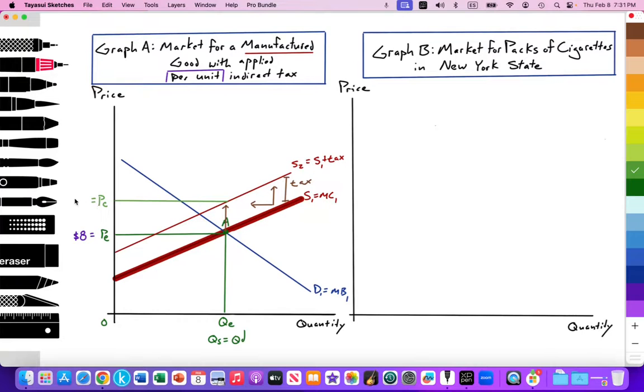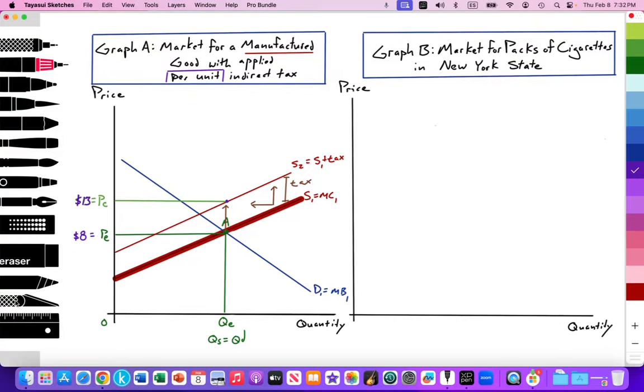And 8 plus 5 gives us a price of 13. Okay, 13. So why don't we just do that? Fine, we're at this point.